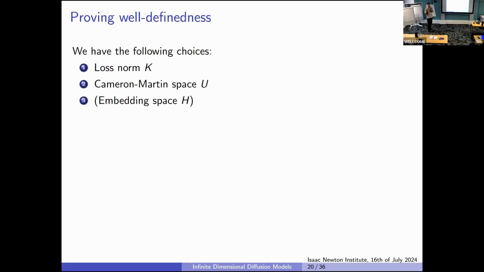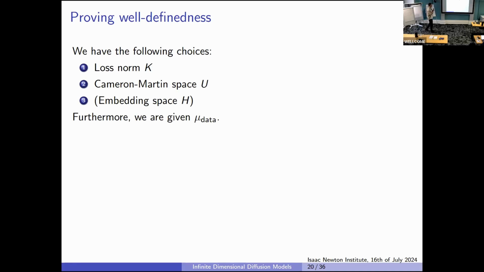And we also have an embedding space H, which is larger, but that can change depending on what we need. And lastly, we are given mu data, or more, how we think about it is that we are given the smoothness of mu data, of the typical samples of mu data.